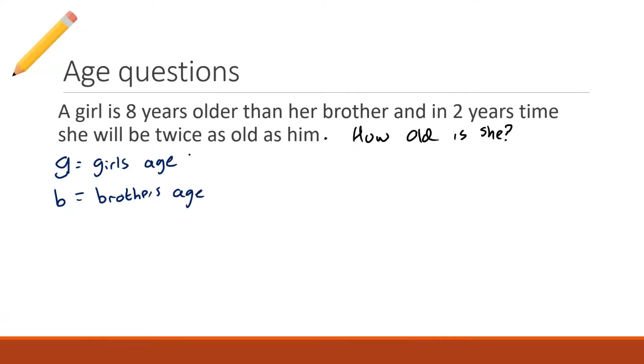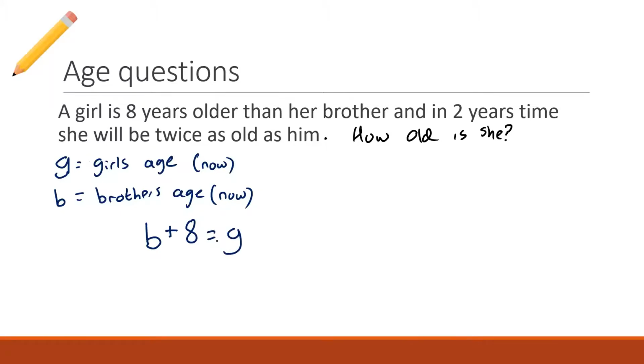It's important to say this is their age now, right? Not later on. So the girl's age now. A girl is 8 years older than her brother. So if a girl is 8 years older than her brother, that means if you took the brother's age and added 8 to it, you would get the girl's age.